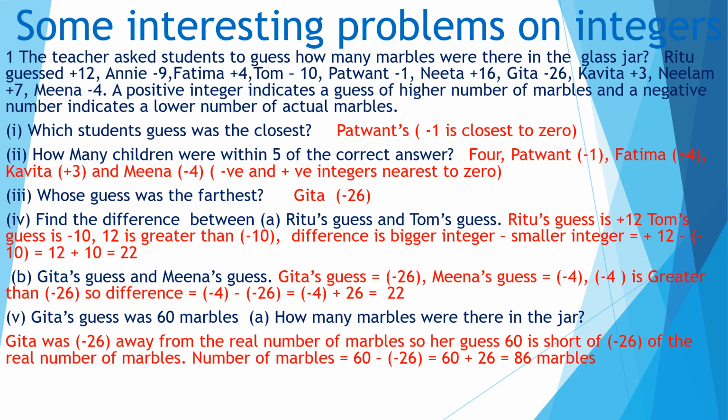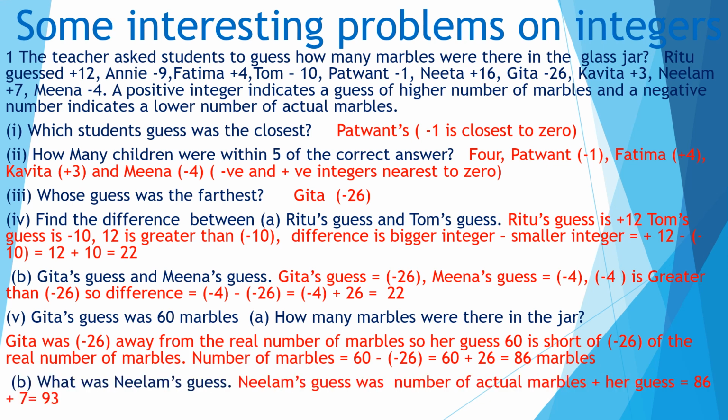So number of marbles will be equal to 60 minus -26, which will be equal to 60 plus 26 equal to 86 marbles. Now what was Neelam's guess? Neelam's guess was number of actual marbles plus her guess. Actual marbles we've just found out to be 86 and Neelam's guess is +7. So Neelam's guess will be 93.